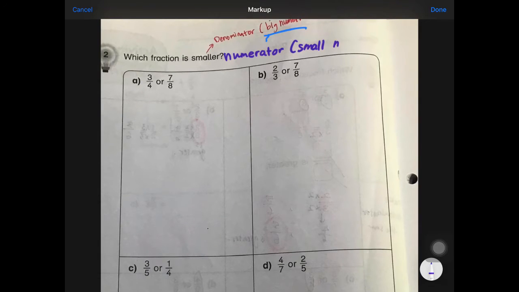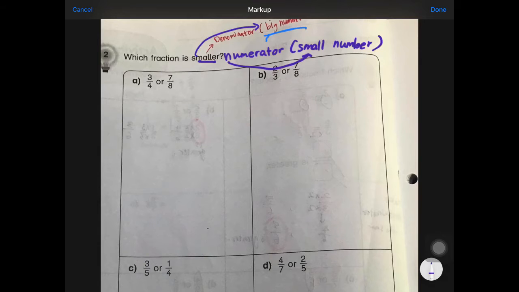Numerator: smaller, small number. But when it's denominator, it will be the opposite, it will be big number. So it depends on whether you are comparing the numerator or the denominator. But we try to make the denominator the same, easier, right?